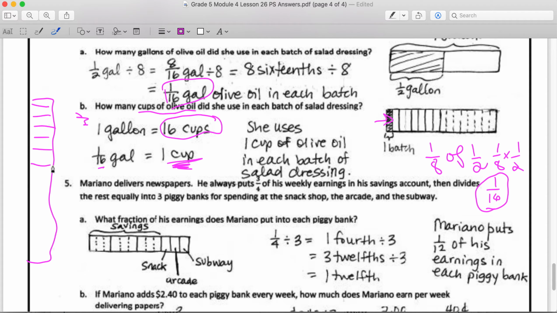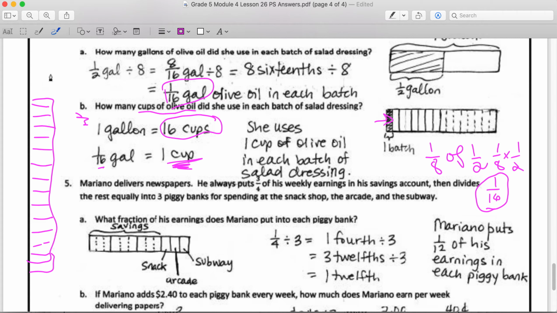So that means my 1 gallon is 16 cups. 1, 2, 3, 4, 5, 6, 7, 8, 9, 10, 11, 12, 13, 14, 15, and here's 16.